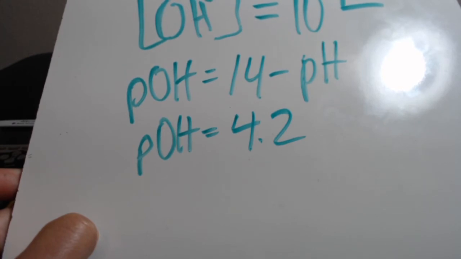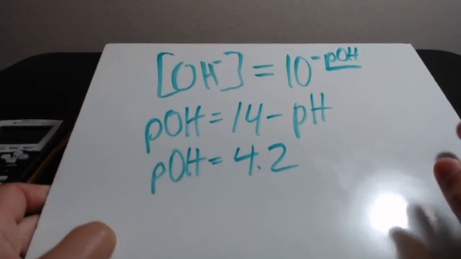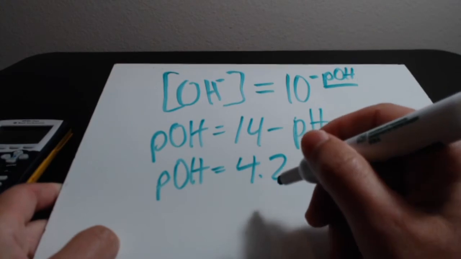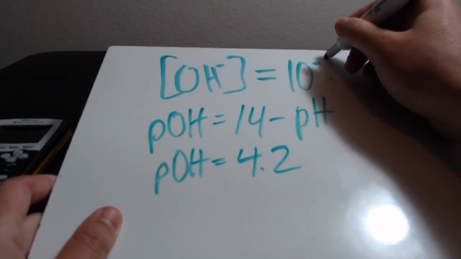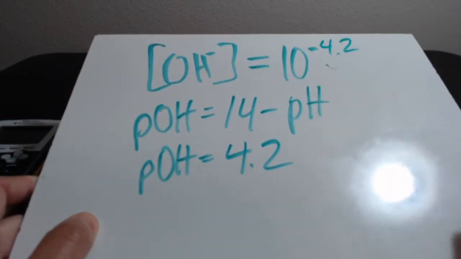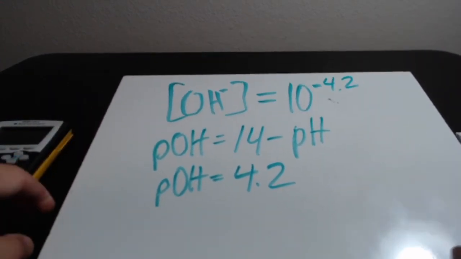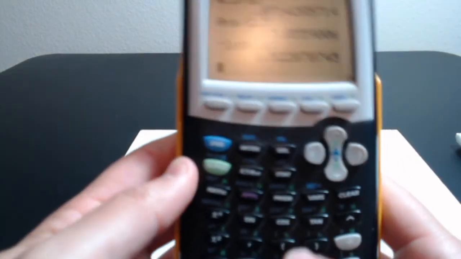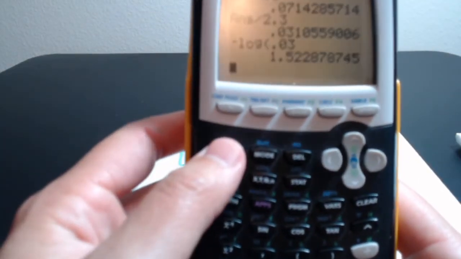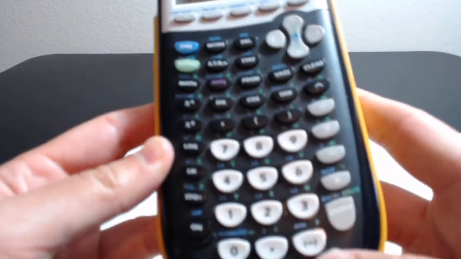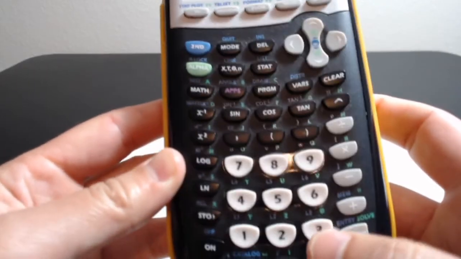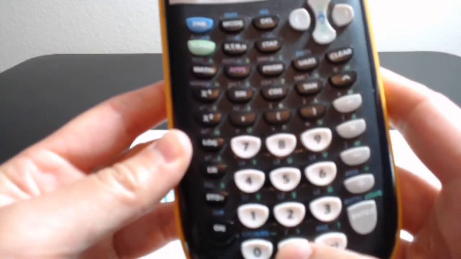We have our pOH now. Now that we have our pOH, we can plug it in up here. So 10 to the negative 4.2. Alright, go to our calculator who's going to do all the work for us. So again, second log, that gives us the little 10 to the x button, negative 4.2.